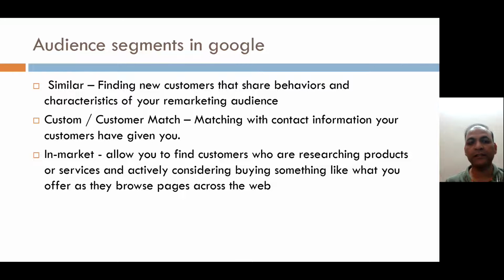This is called a similar audience segment in Google. Then you have custom or customer match audience segment. In this case, it finds matching customers with the contact information that your existing customers have given to you.